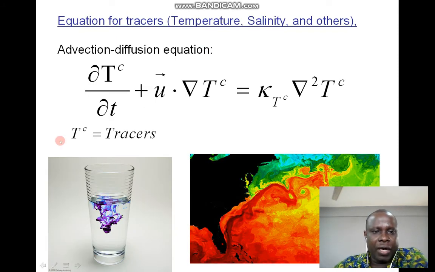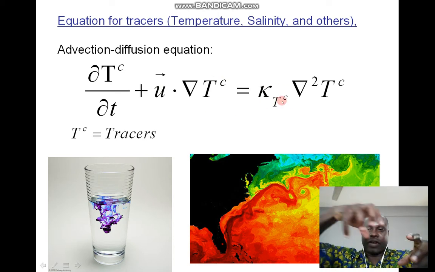You also have an equation called the advection diffusion equation, which describes how a tracer, like temperature or salinity or a dye in a fluid, will be changing with time. And if there are currents, the local change in the tracer with time is being carried around. The fluid is moving that tracer around within the fluid, and that is equal to the diffusing.